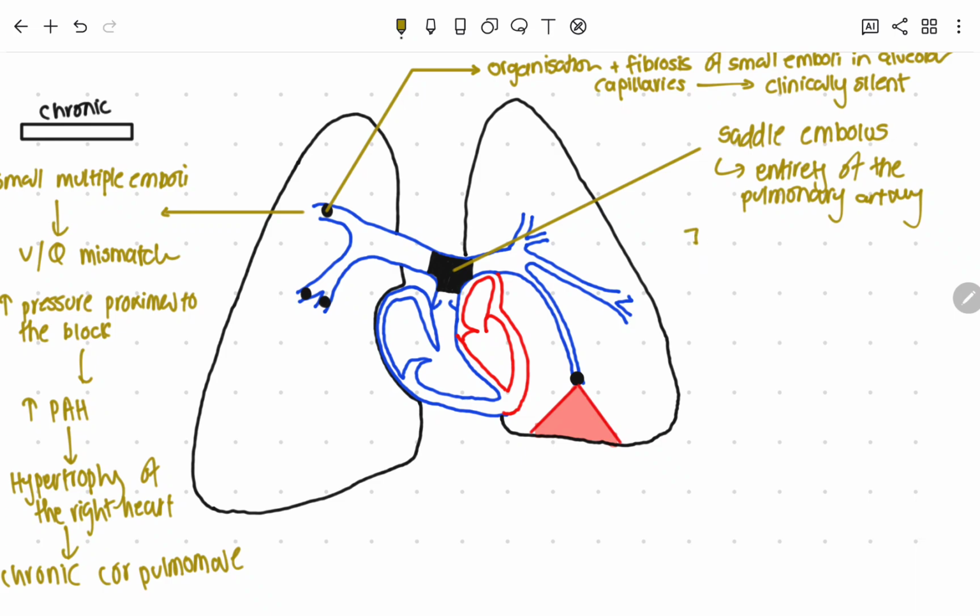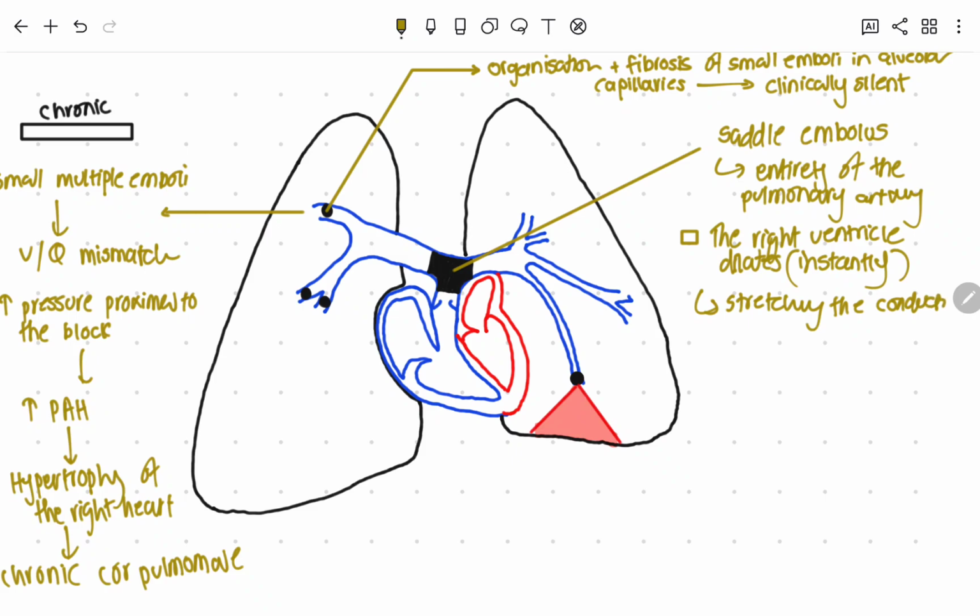Right, and what's going to happen in this case is that you will have the right ventricle dilating immediately, instant dilation. So the right ventricle dilates instantly, and the issue with this is that due to this instant dilation, you end up stretching the conducting fibers that are present in the heart.